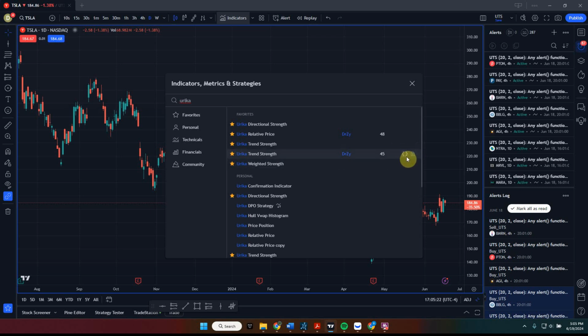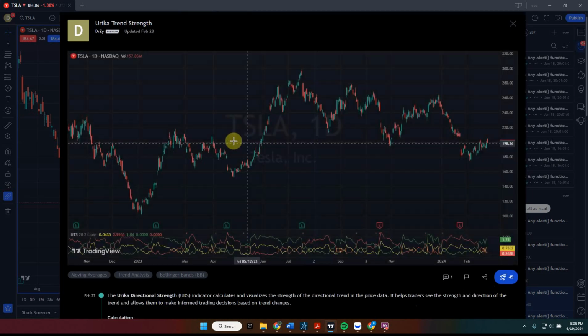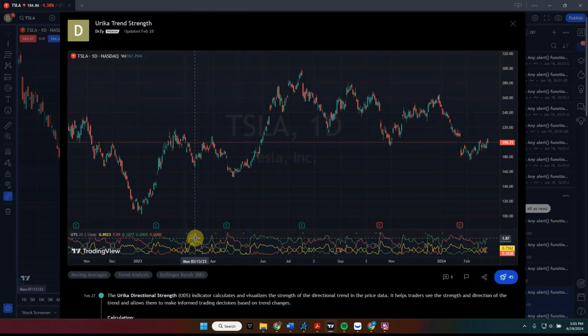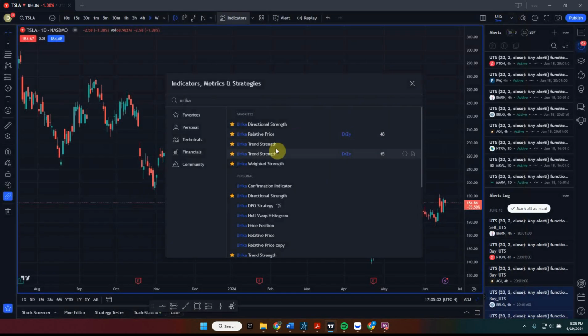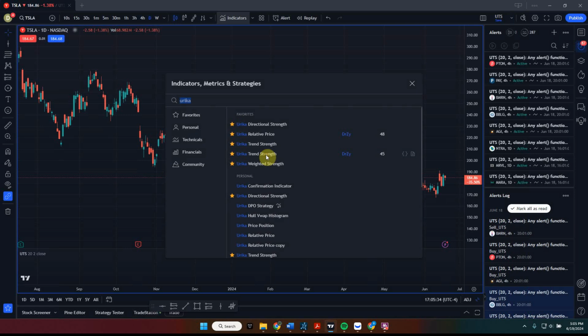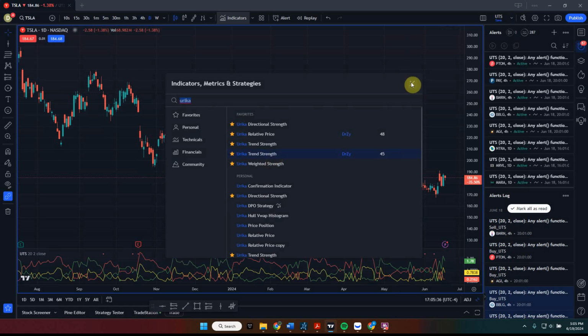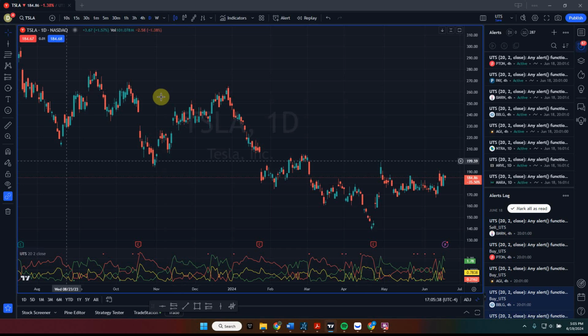So this indicator has three lines: red, yellow, and green. Let me put it up on the chart, and we can look at it. So the red and green lines are meant to show the direction of the trend.